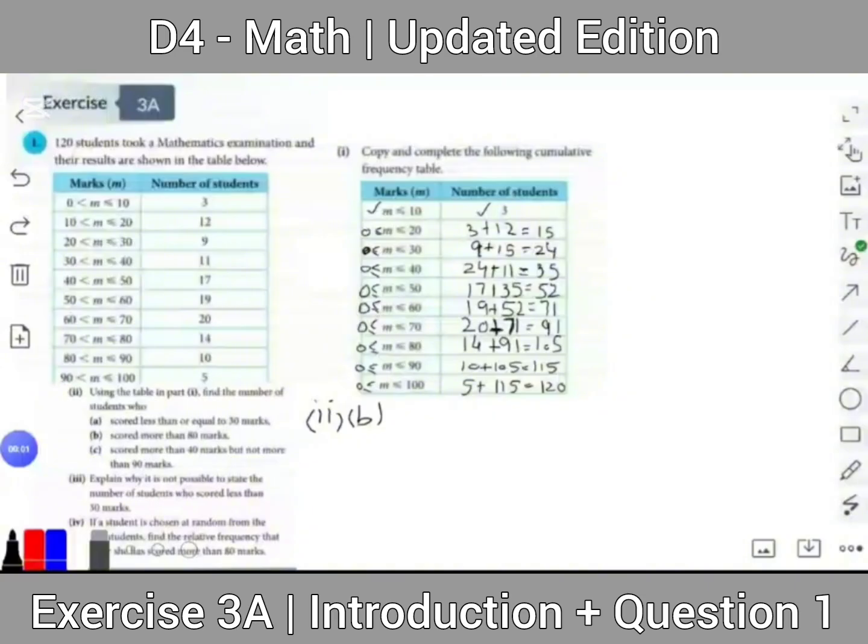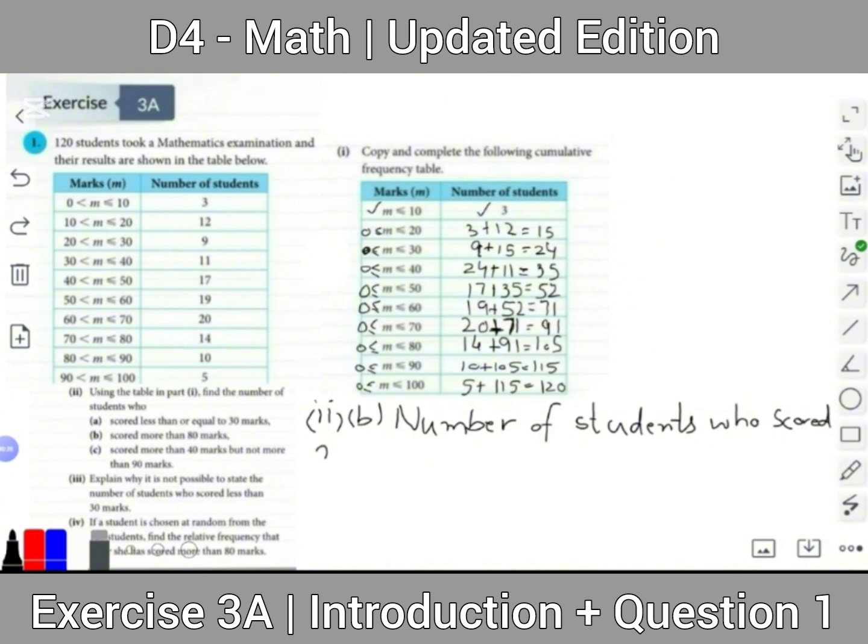And part 2b, find the number of students who scored more than 80 marks. So to find out the number of students who scored more than 80 marks, we will use the cumulative frequency table in part 1.